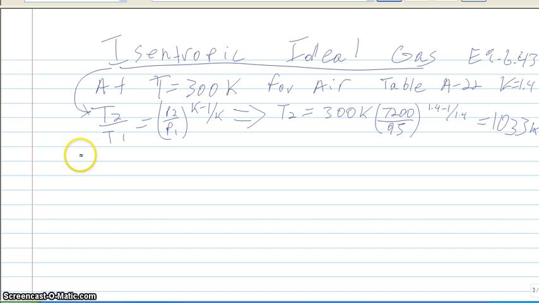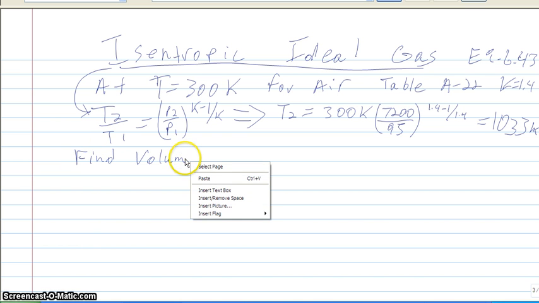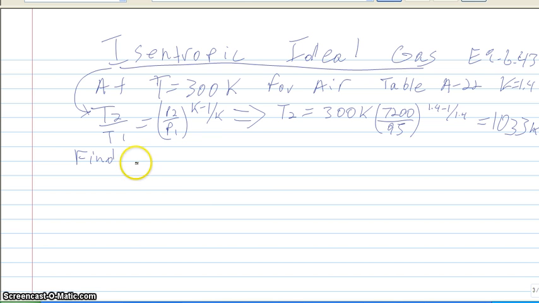So now we're going to try to find the volume, more specifically, the specific volume. We're going to use equation 6.44.